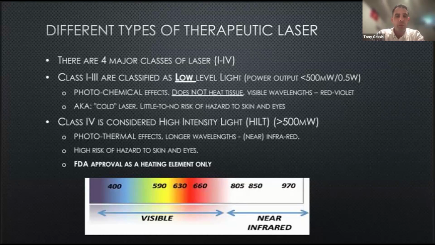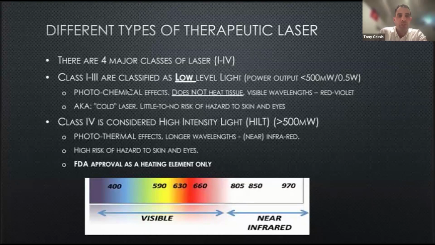We'll talk about it later, but power and energy are completely different concepts, and you cannot use them interchangeably when you talk about laser. People use power and energy interchangeably. Absolutely not the case. So when we talk about classes 1 to 3, we're talking about cold laser. The effects that they produce are photochemical effects.